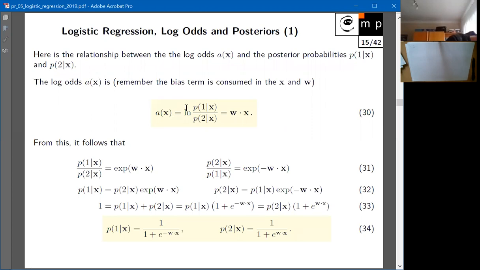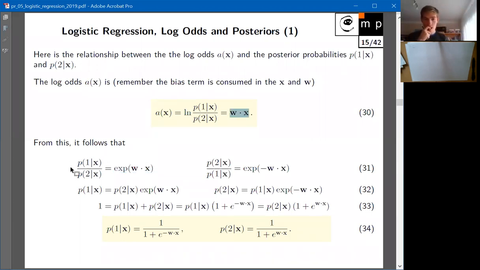If we assume that log odds is linear, then just like undoing the logarithm, let's take this equation and exponentiate it. On the right, we have exp of w·x, that's this thing exponentiated.